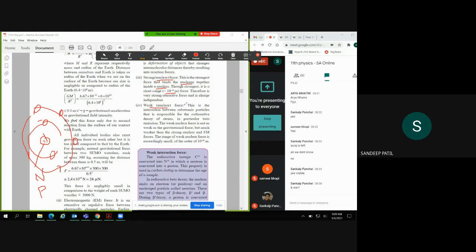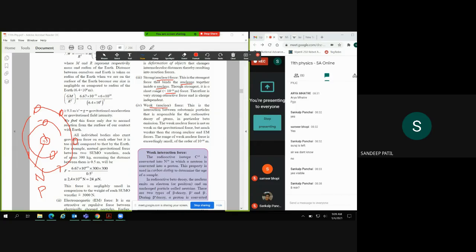So what is meant by the weak nuclear force? This is the interaction between subatomic particles that is responsible for the radioactive decay of atoms, in particular beta emission. So what happens is there are subatomic particles, and through the interaction between the electron, neutron, and proton, there is beta decay.